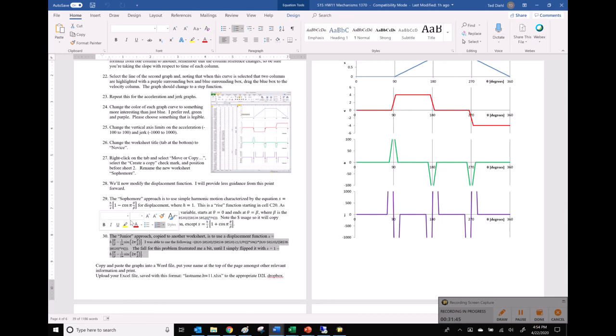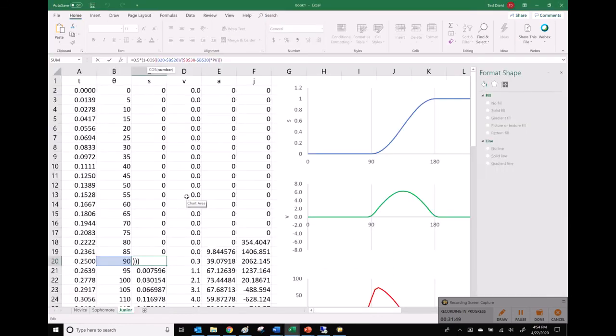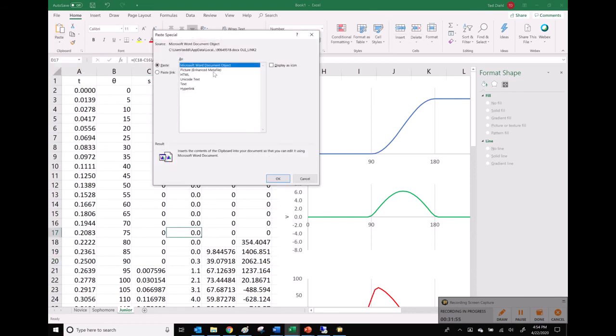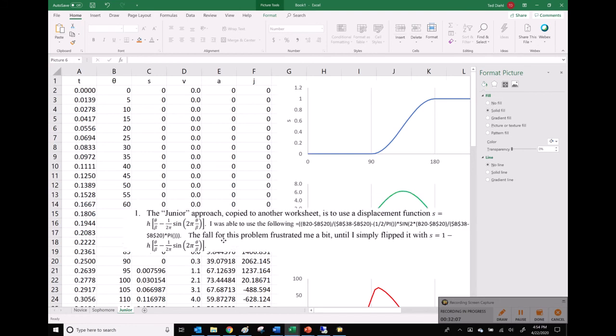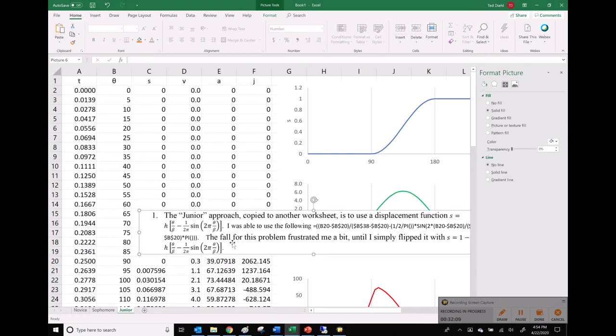So I'm going to copy this and bring it over just so I can read it. And I will paste it as an enhanced metafile. You guys don't need to do that because you could just copy and paste it from the PDF, but I had it in Word.